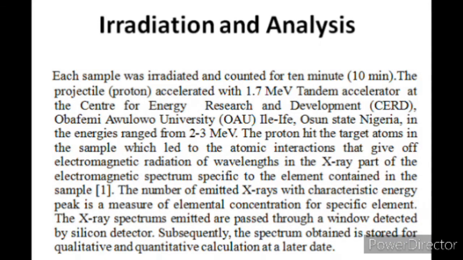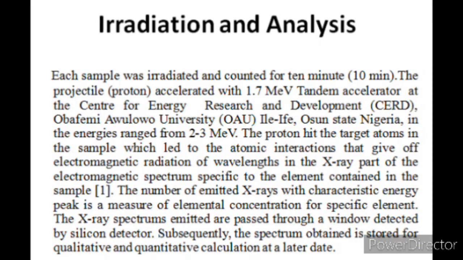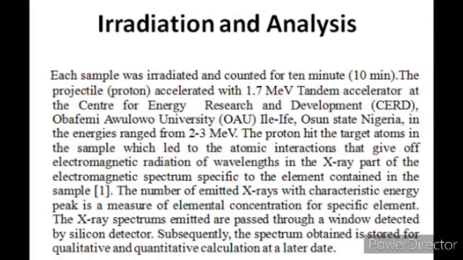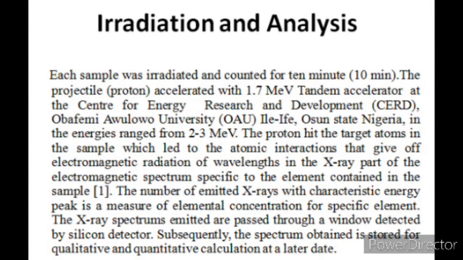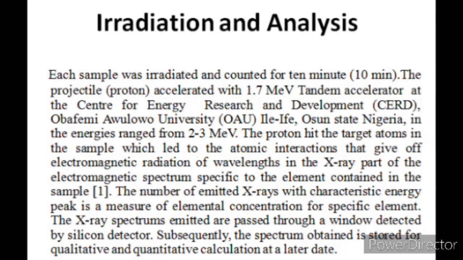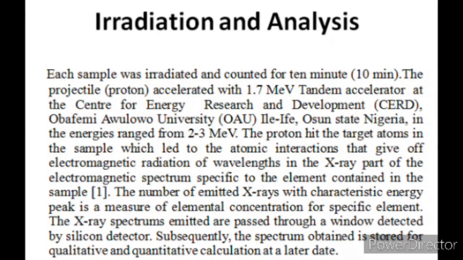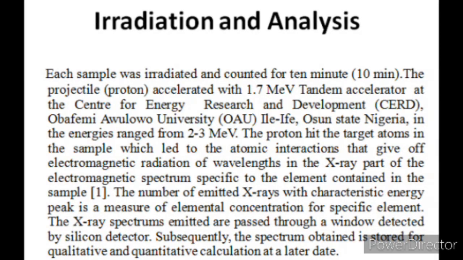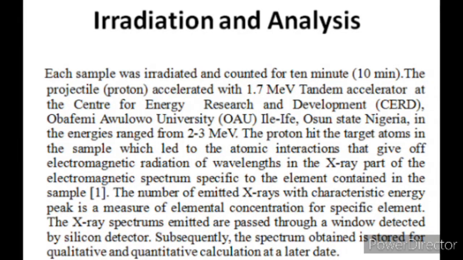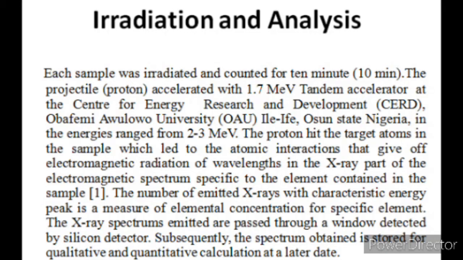Irradiation and analysis. Each sample in this research was irradiated and counted for 10 minutes using a projectile energy in the range of 2 to 3 MeV with the 1.7 mega electron volt tandem accelerator at the center.